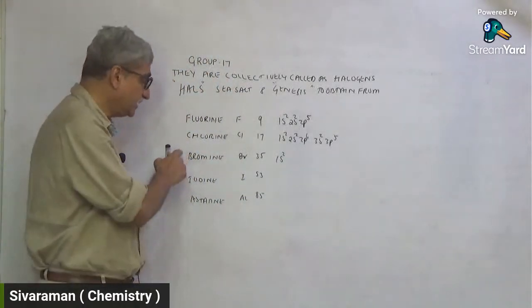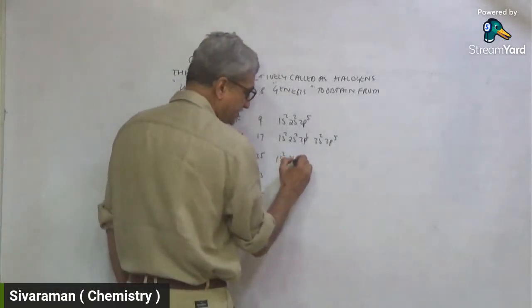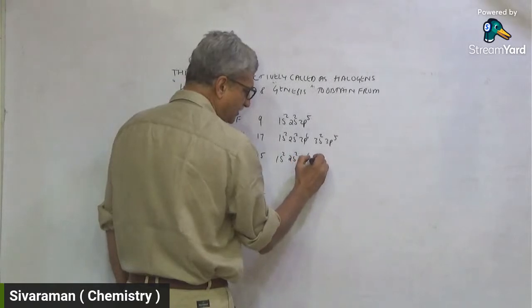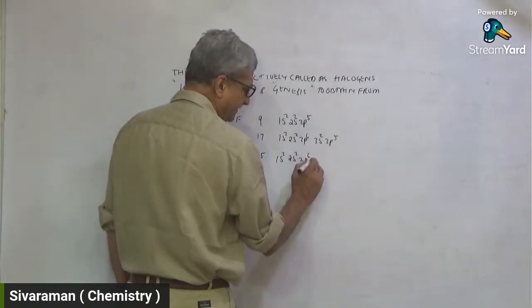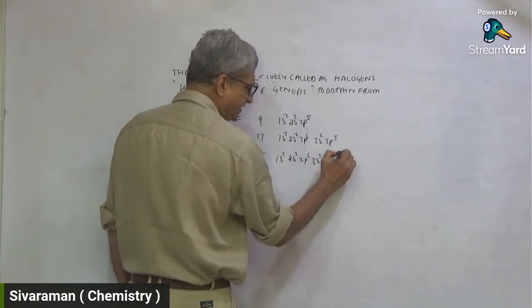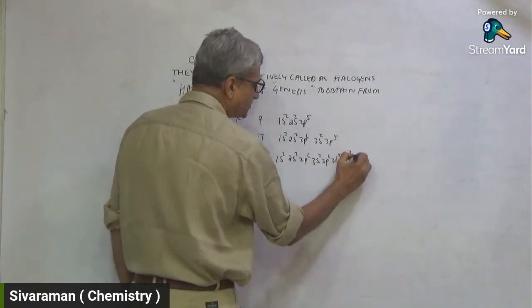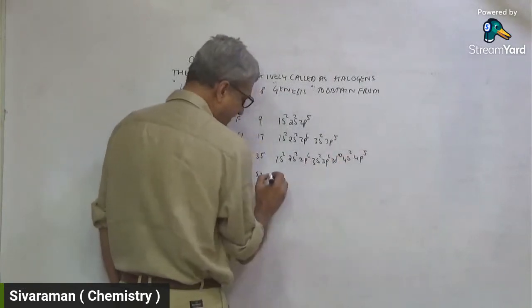So for bromine, 35, 3d will get filled. So you have 1s2, 2s2, 2p6, 3s2, 3p6, 3d10, and then we have 4s2, 4p5.